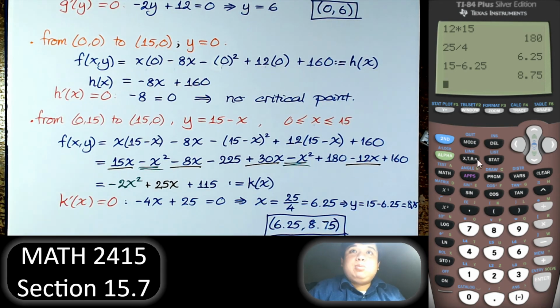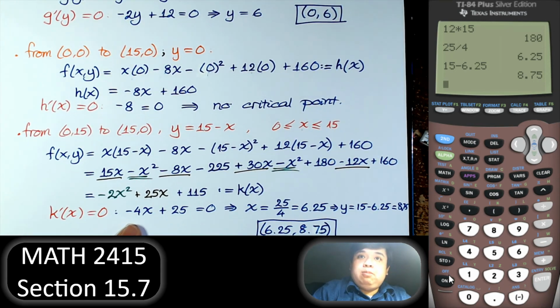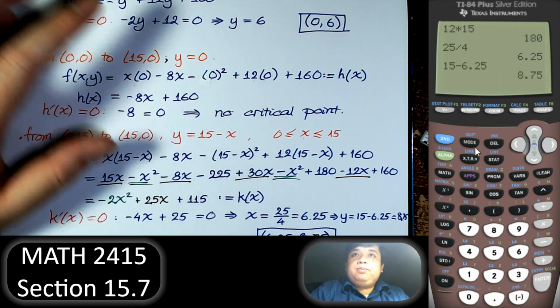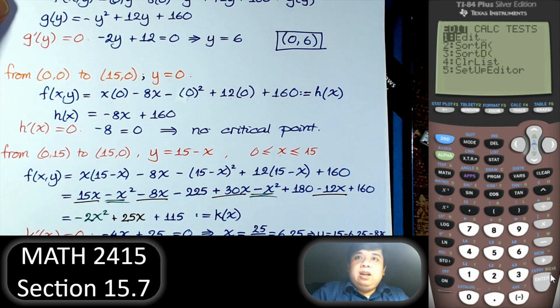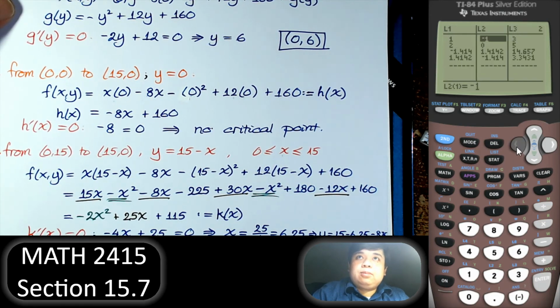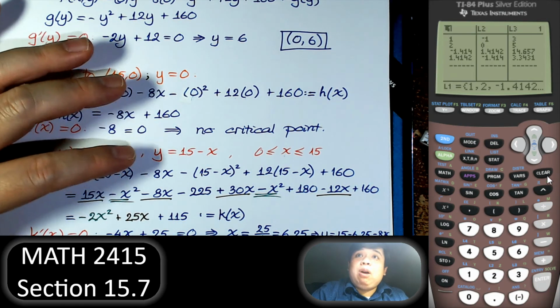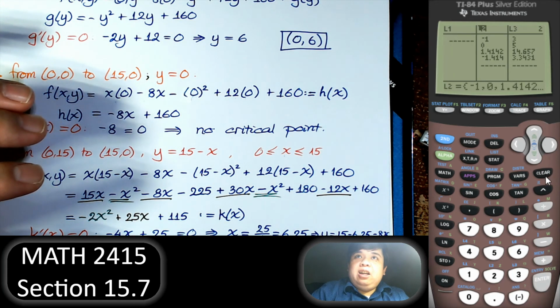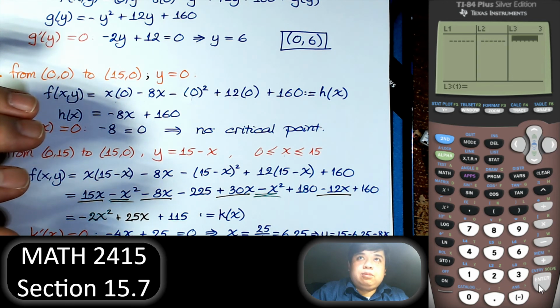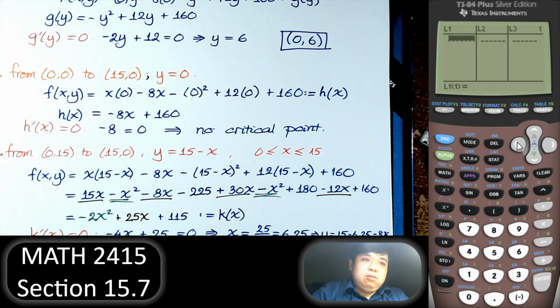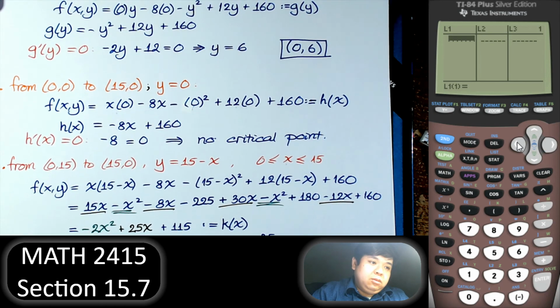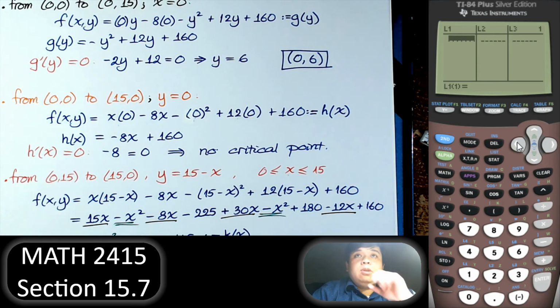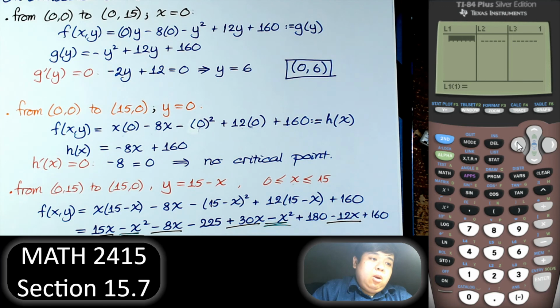Right, now let's just put everything into the table. Right, stat, edit. I run out of space here, so highlight the list, clear. Right.